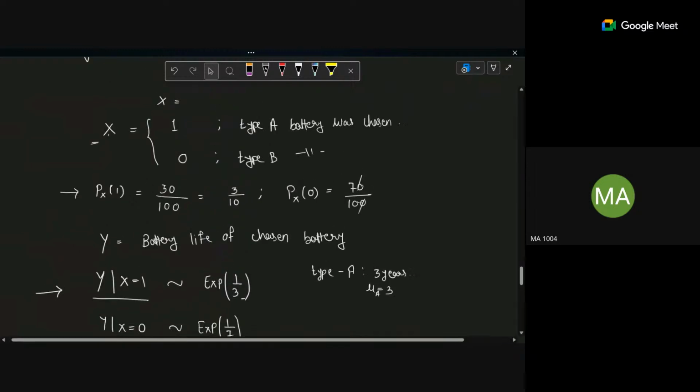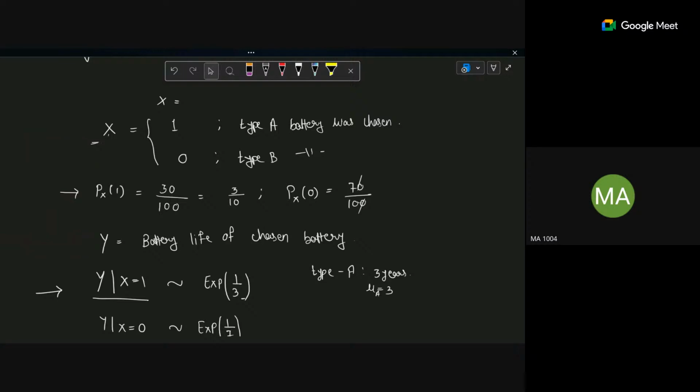But we have been given a condition that we have chosen a battery randomly, and we got to know that that battery lasts for 5 years. That means not 3, not 7. Now you have to calculate which type of battery you have chosen. Precisely, they are asking what's the probability that you have chosen a battery of type A.